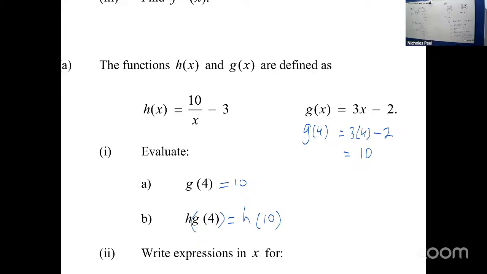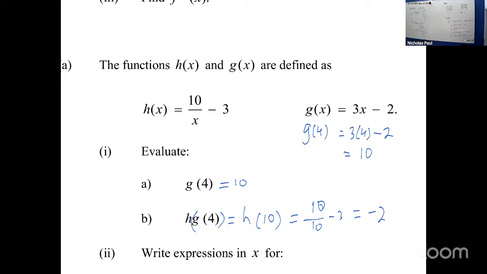Which function are you using to find h of 10? How do I get h of 10? Divided by 10 and then minus 3. And the answer is minus 2.